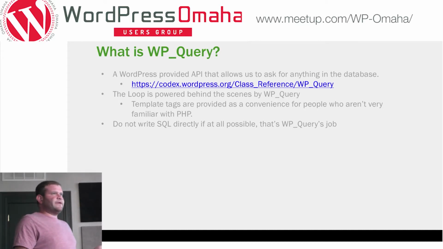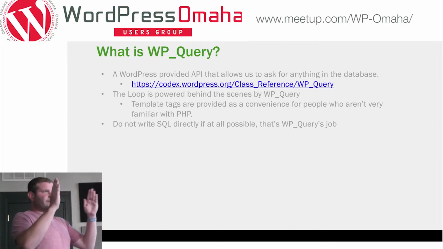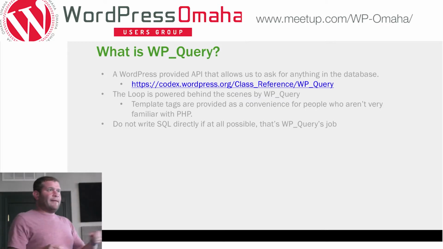So everyone here is familiar with the loop and the template tags that we use for that. Behind the scenes, there's a WP Query object that WordPress is constructing for you based on the URL that you're on, and then populating it so that you can do while have_posts, the_post, and all that. And WP Query's reason for existence is to abstract the database away from us. It's a bridge between those.